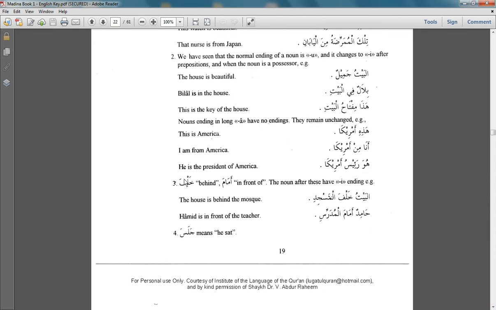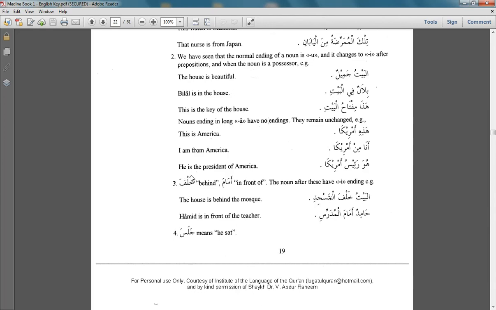The third point that you will find in this lesson is khalfa. It means behind, amama, in front of. And generally speaking, not always, but generally speaking, when there are words that describe a position, place, it usually has a fatha.